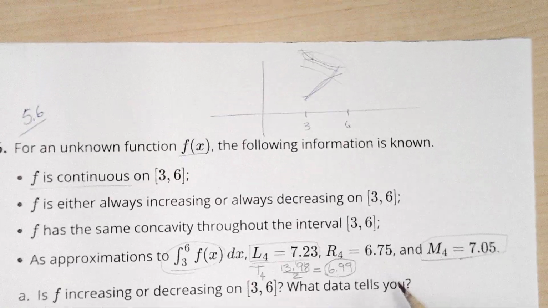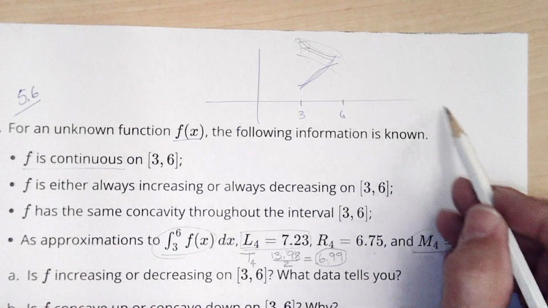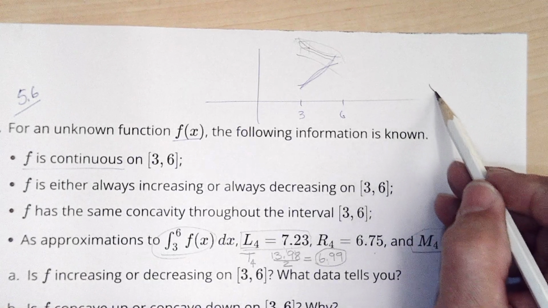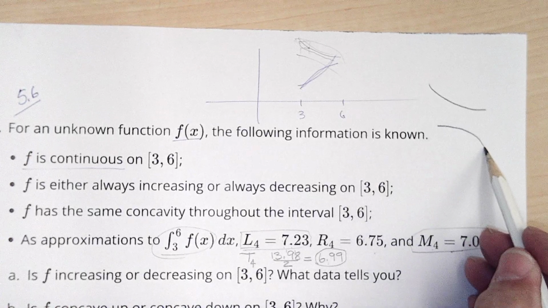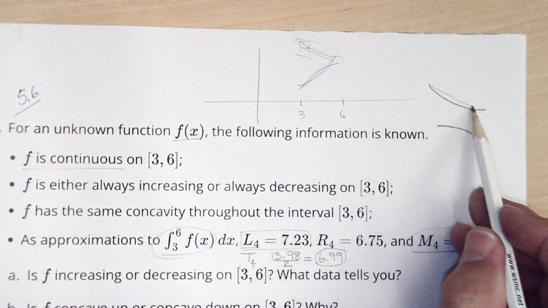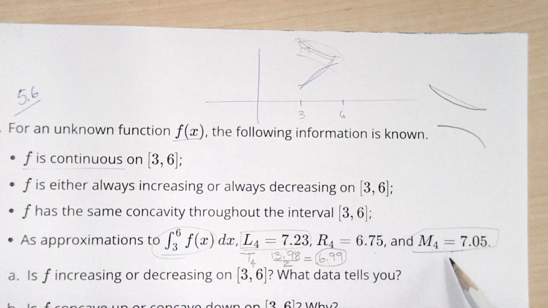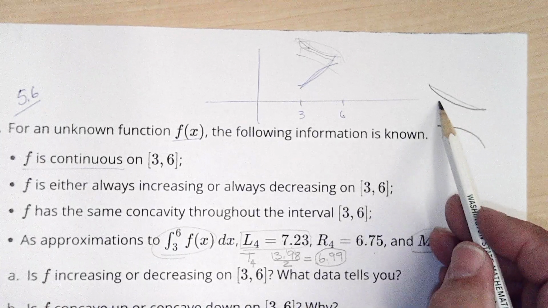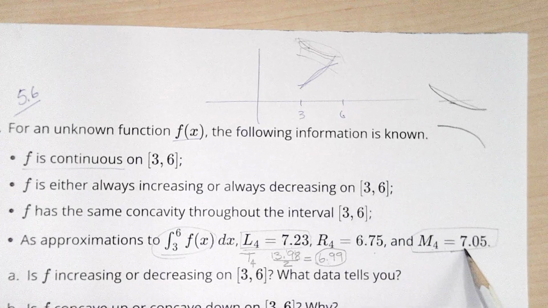So if the trapezoid is less, let's draw the two curves. We know it's decreasing, it's either that way or it's decreasing in that way. The trapezoid would be an overestimate, and the midpoint would be an underestimate. They're always opposite.